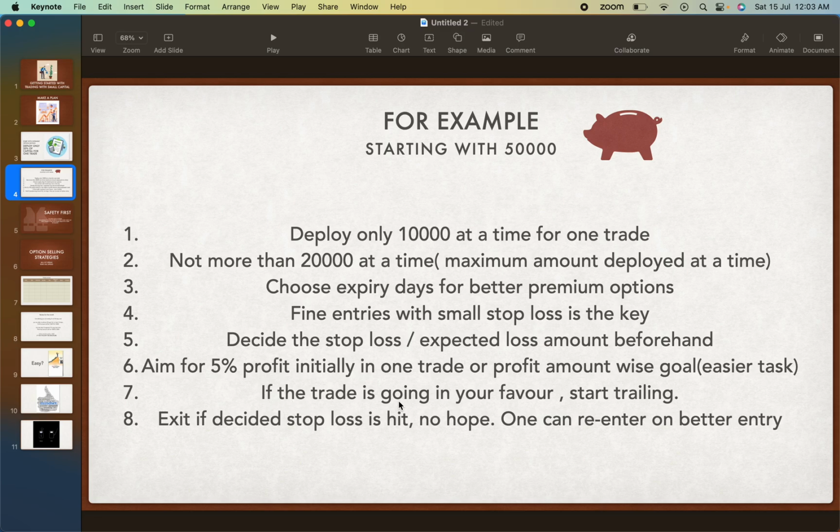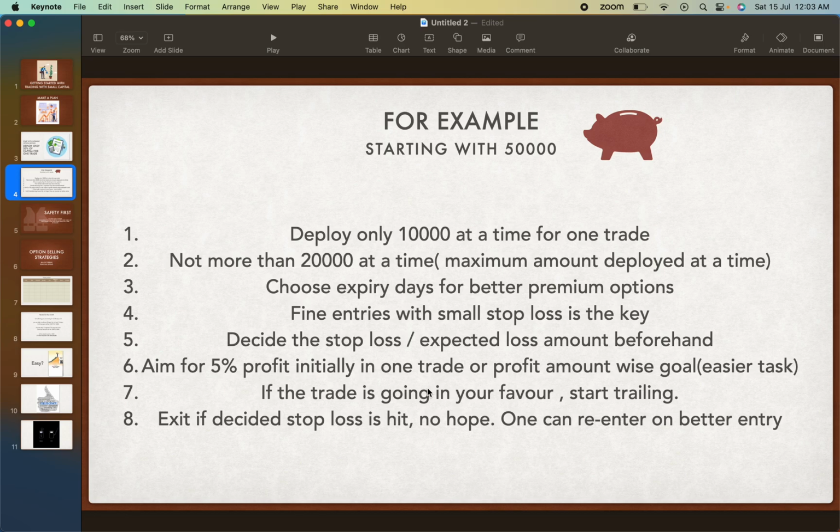Then, if you are putting a trade, punching the order, and it is going in your direction, start trailing. Once a trade is going in your direction, you cannot afford to convert it into a loss making trade.